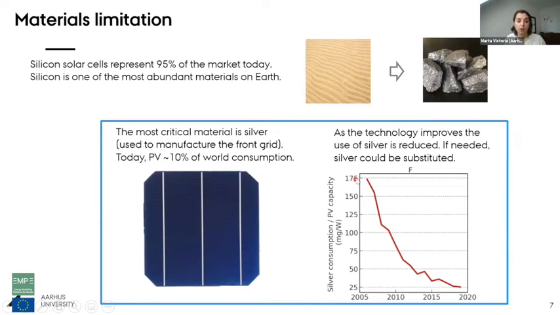First, as the technology has learned, the consumption of silver has also reduced, and today is much lower than it was 15 years ago. Also, if needed, silver could be substituted by a different metal, such as copper or aluminum. So from the material point of view, we don't see a major impediment to have a massive deployment of solar PV.